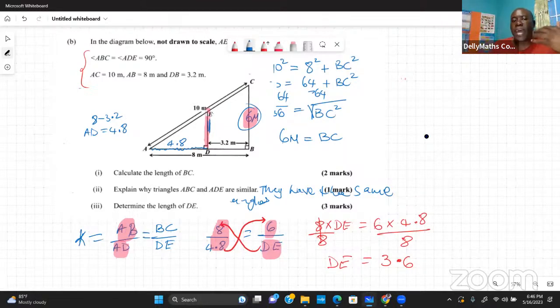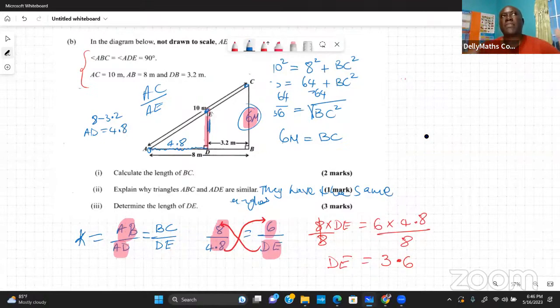And I could have gone further and said it's also equal to AC over AE. Take a look. From A all the way to C divided by from A to E. So you're seeing we're linking the corresponding sides of the two triangles that we're comparing.